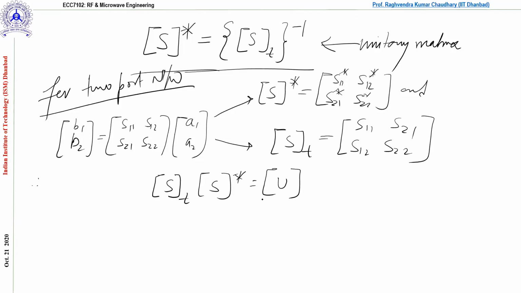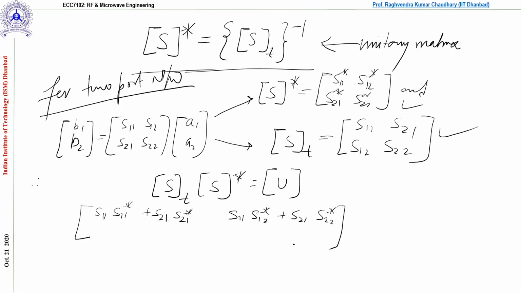Correct. Now you can multiply these two, and you will be getting a very important result, which is S11 S11 star plus S21 S21 star. Second element will be S11 S12 star plus S21 S22 star.